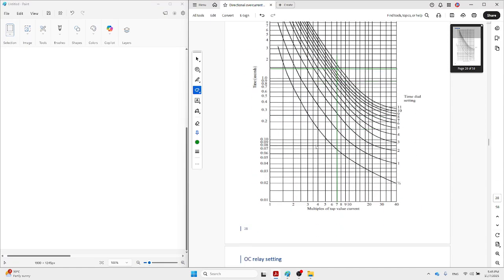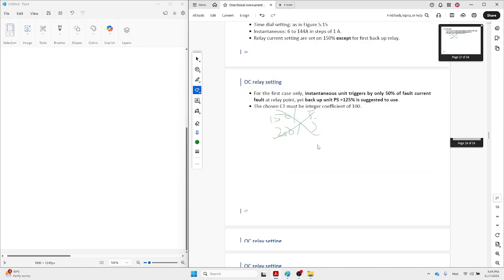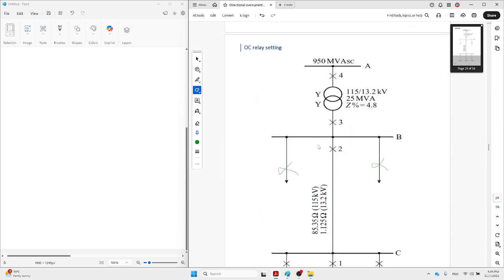So let's start with step one. For this network, we have to consider the single line diagram and calculate the fault current. How can we calculate the fault current and the impedance of this substation?